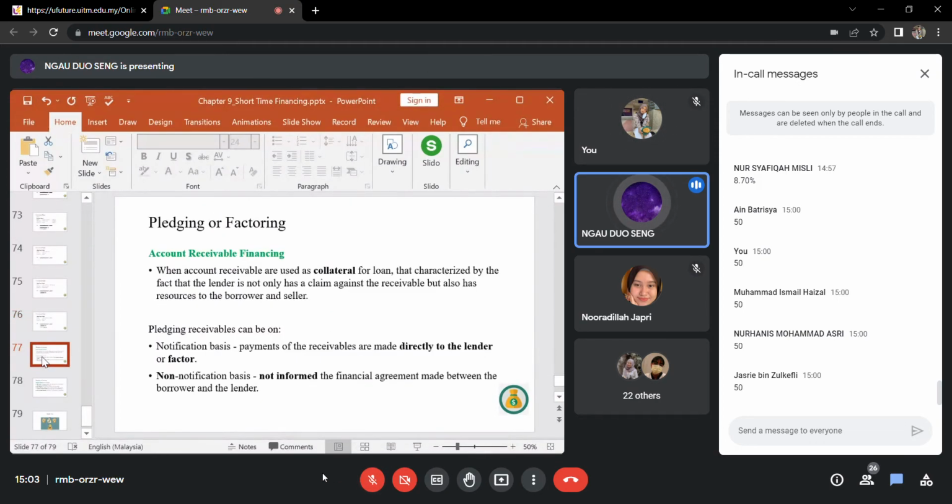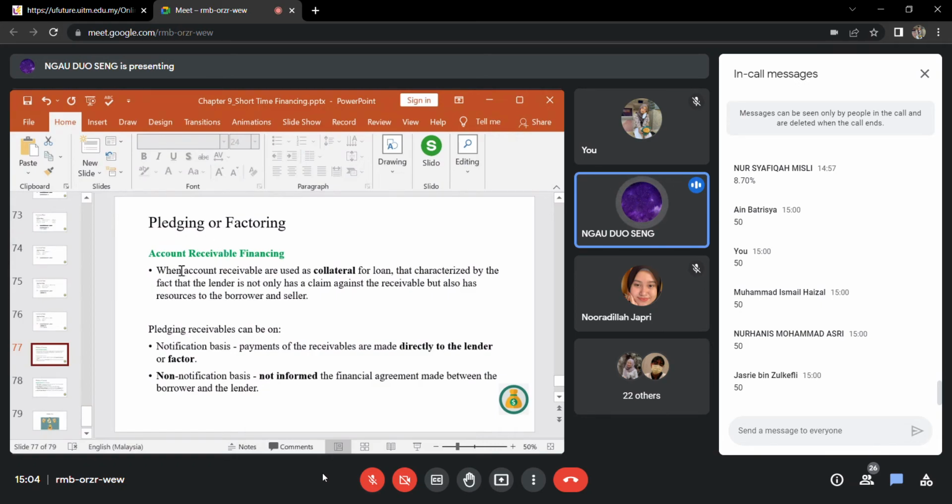Okay, next we have pledging or factoring. This one uses account receivable, right, for financing. So when account receivable is used as collateral, collateral means pledging the account receivable. What is account receivable?